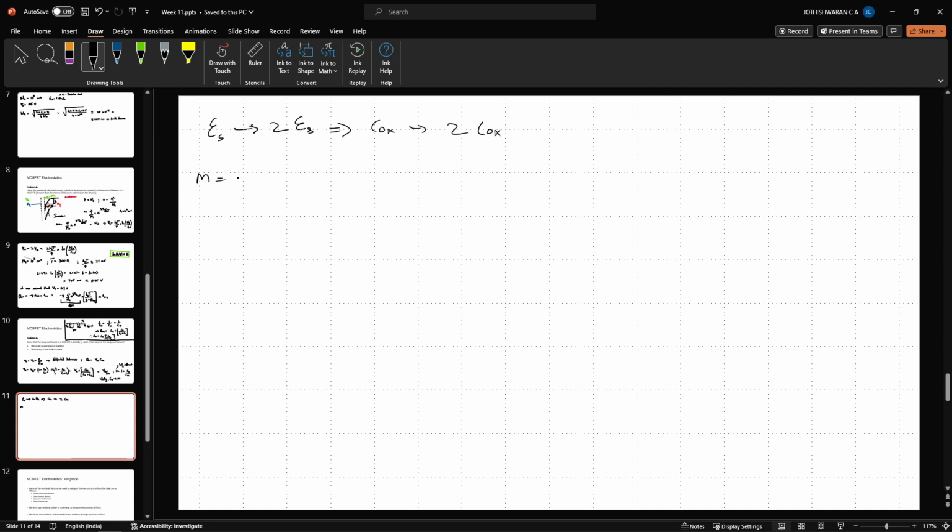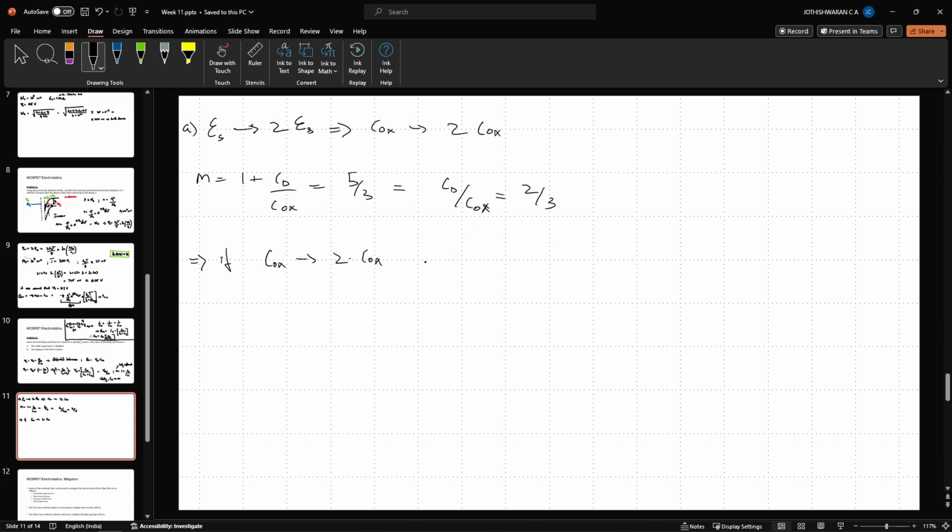Now I know M is equal to 1 plus Cd by Cox is equal to 5 by 3, which implies Cd by Cox is equal to 2 by 3.